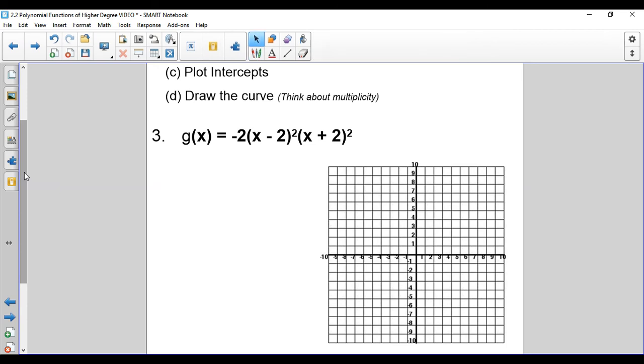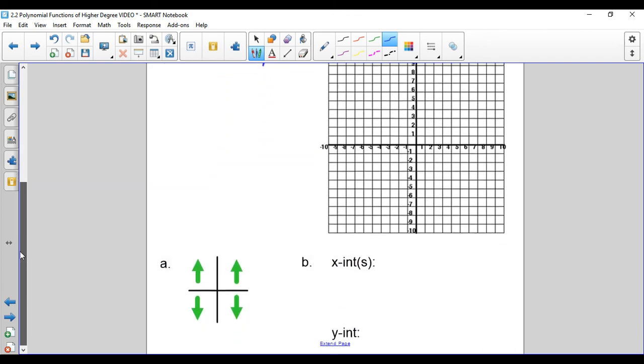Now, this one, my exponents added up. If we were to multiply this out, we would end up with an x to the fourth, so it is an even degree polynomial, and it's a negative. We have a negative out front. I'm not going to try and trick you there. Even functions end in the same direction.